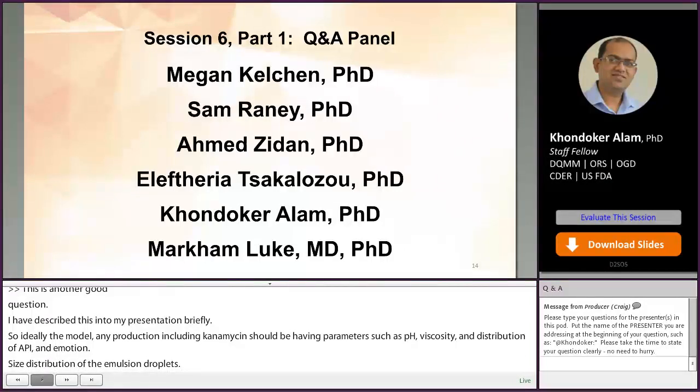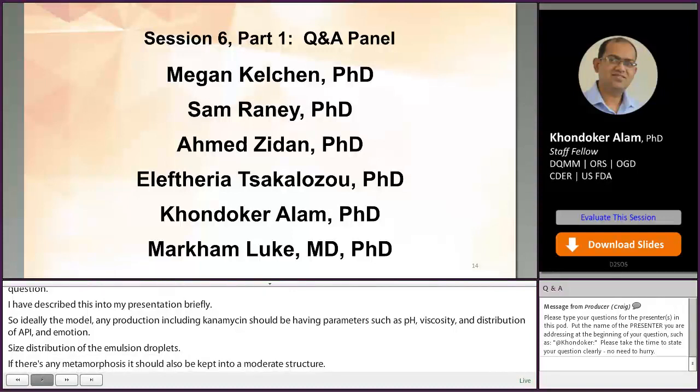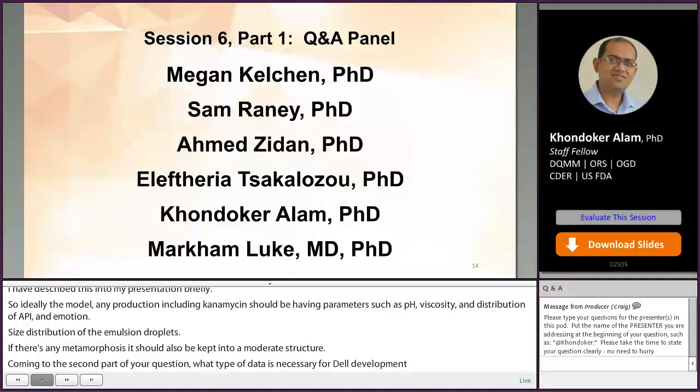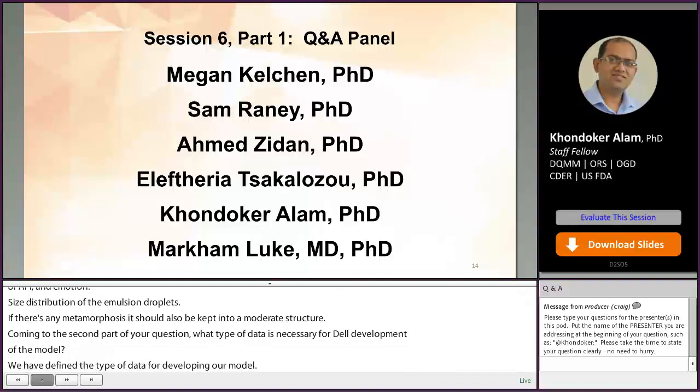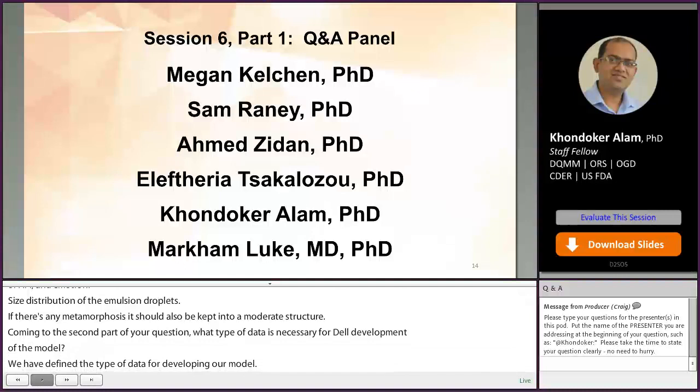Now, coming to the second part of your question, what type of data is necessary for the validation of the model? We can leverage different types of data for validating our model. For example, skin distribution data such as skin biopsy, microdialysis, or quantification of API in skin layers using an IVPT setup can be leveraged for the validation of the model.